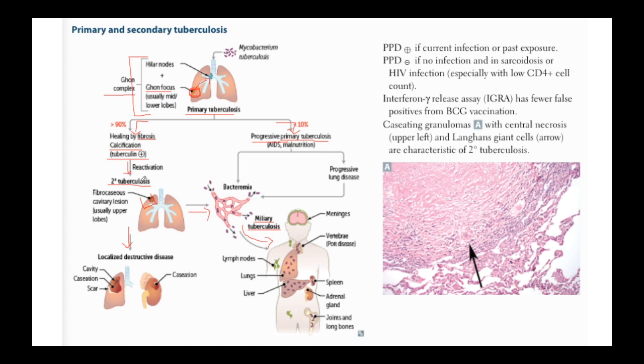And again, what I mentioned before, less commonly, you can also see a second infection of TB. Very unlikely, but it's still something that could occur that can lead to secondary tuberculosis.